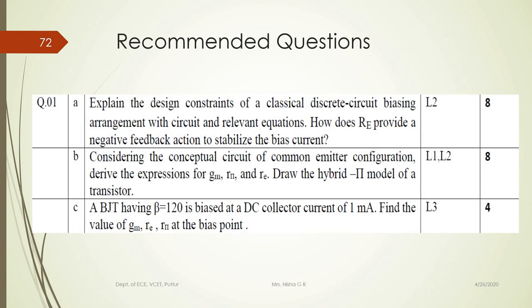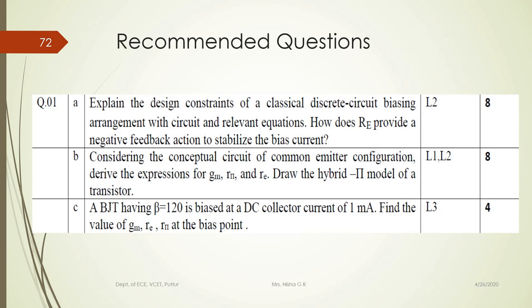So next, what are the recommended questions from these topics? Under BJT biasing, we have seen two types of biasing: the classical discrete circuit biasing technique and the emitter biasing technique. After that we studied the small signal model: what the AC components and DC components present in the BJT circuit are, and the instantaneous voltages and currents present in the circuit.